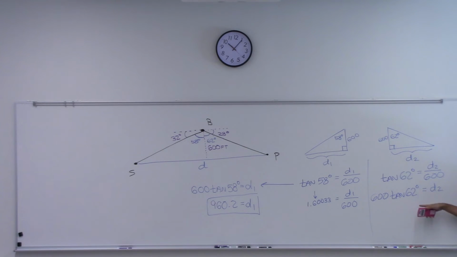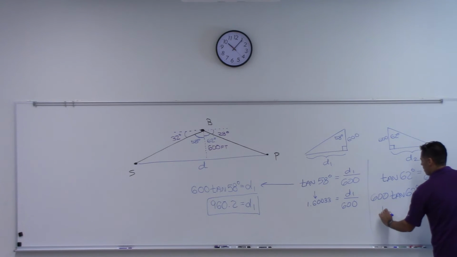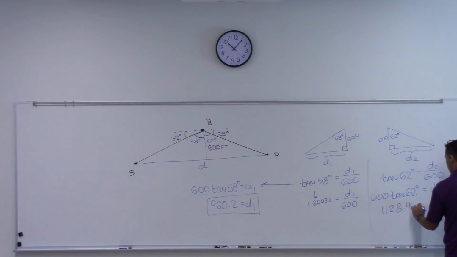And I type that into my calculator. 1128.4-ish. 1128.4, approximately, D2. And now we just add those two together.